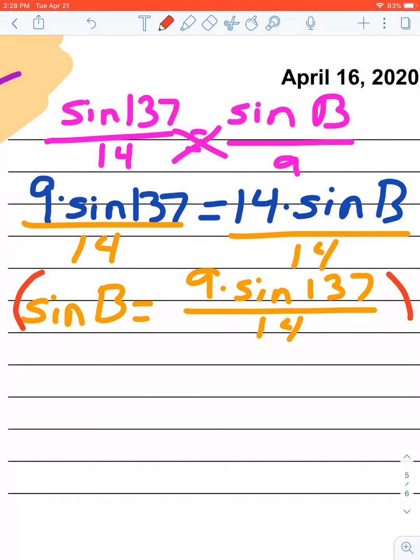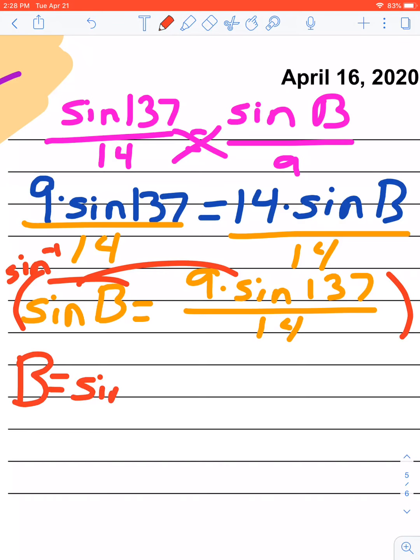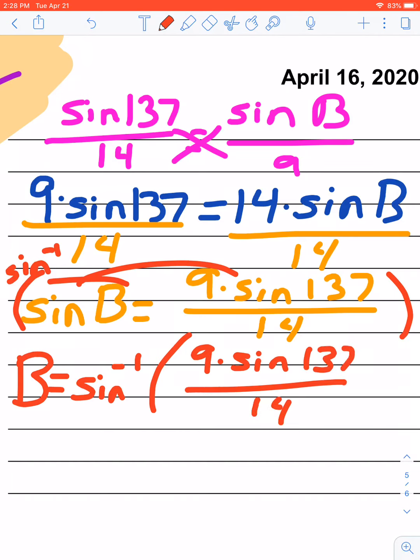But I can multiply both sides by the sine inverse. And I distribute it to both. So I get angle B equals the sine inverse of 9 times sine 137 over 14. And again, the biggest error made here is that people are going to try to type all this in at once in their calculator, and then their answer is going to be off.